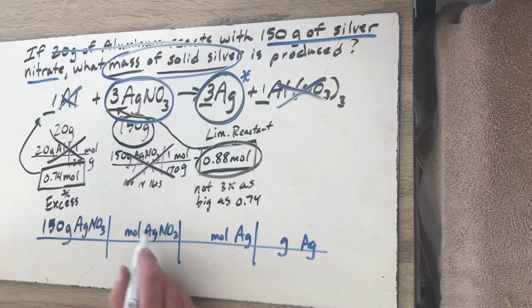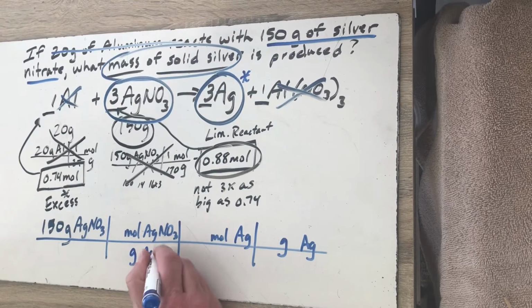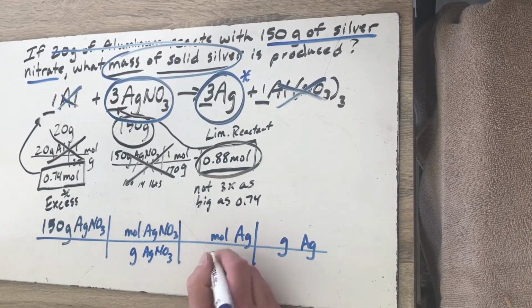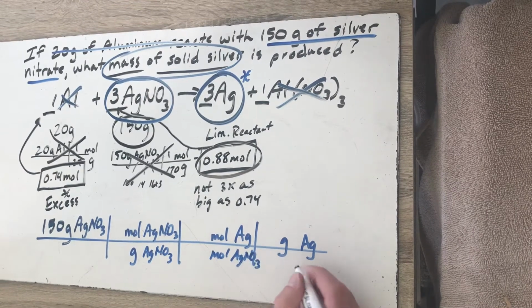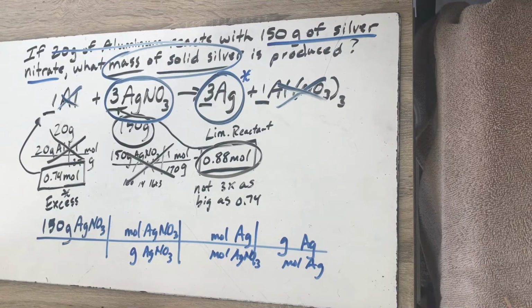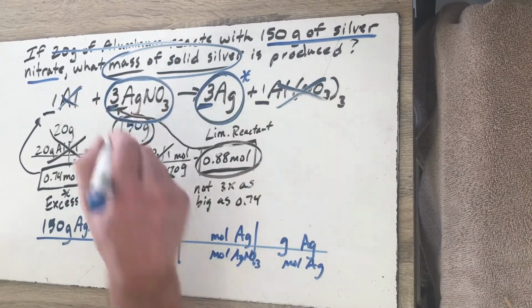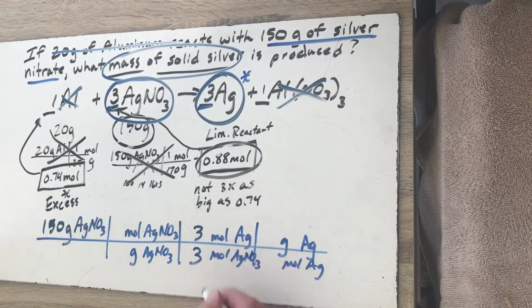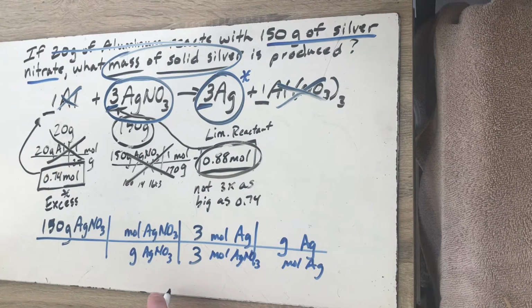Now drag all your units down diagonally. So grams silver nitrate goes here, moles silver nitrate goes here, and moles of solid silver goes right there. Right here is my ratio. It comes from this and this. So it's a 3-to-3 ratio, and yes, you can cancel that out and simplify it, make it 1-to-1. Just wanted you to see where those numbers came from.